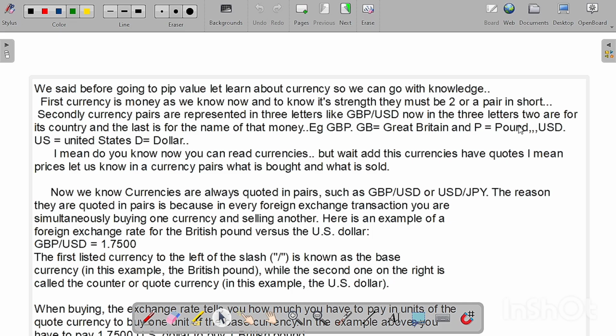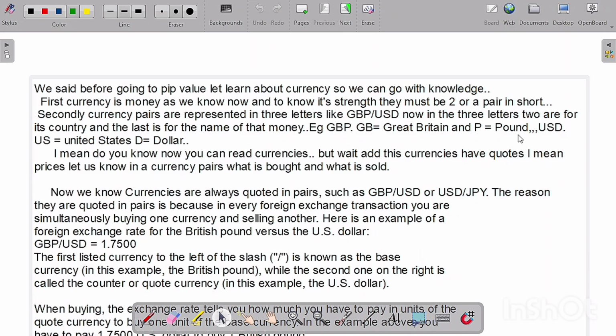Now in the three letters, two are for the country and the last is for the name of the money. Example, GBP: GB represents Great Britain, and P is pound, their currency is called pound. So two letters are for the country and the last letter is for the name of that currency.